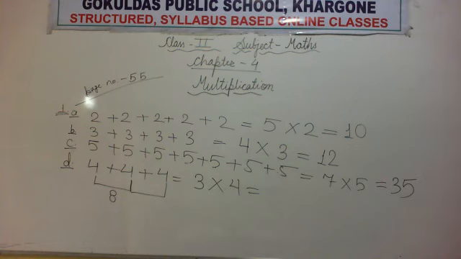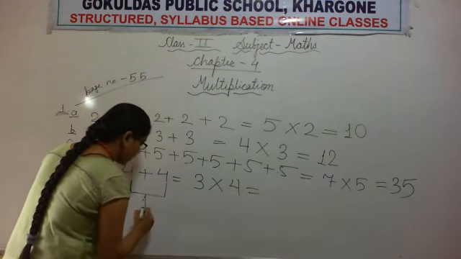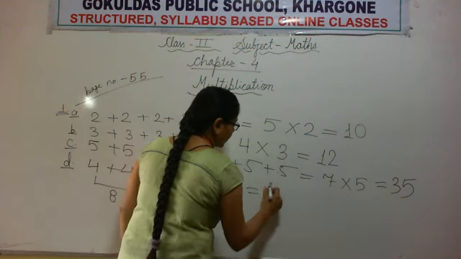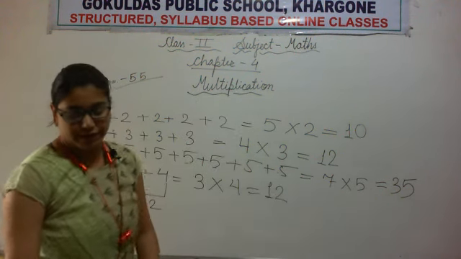Yes, 8 plus 4 is 12. It means 3 into 4 is equal to 12.